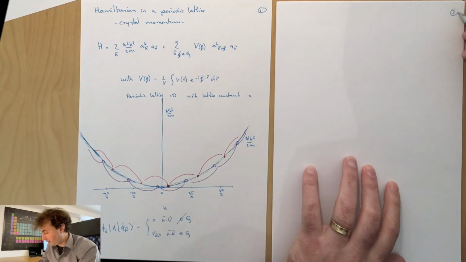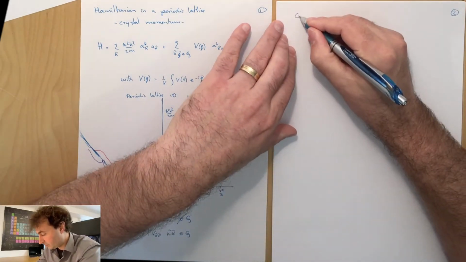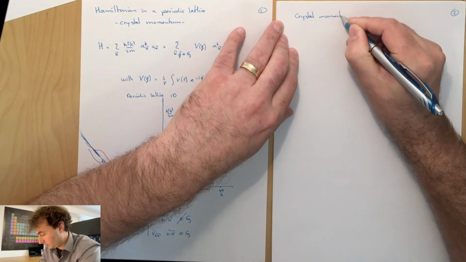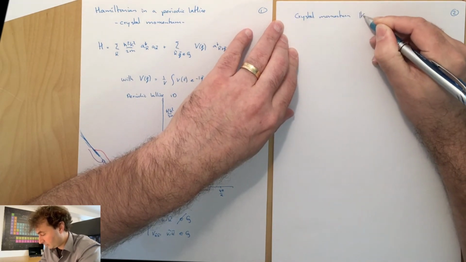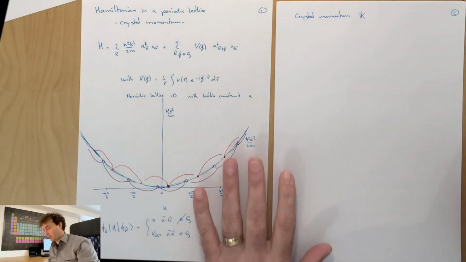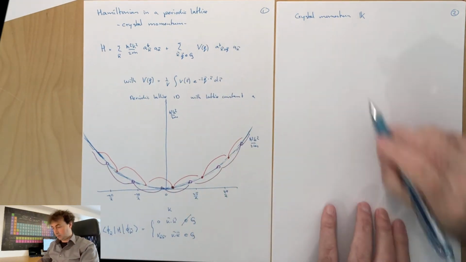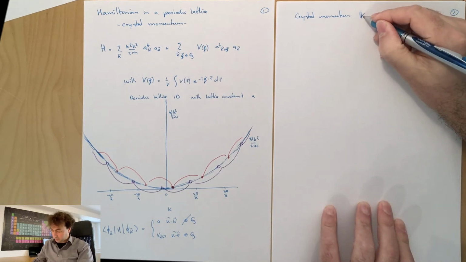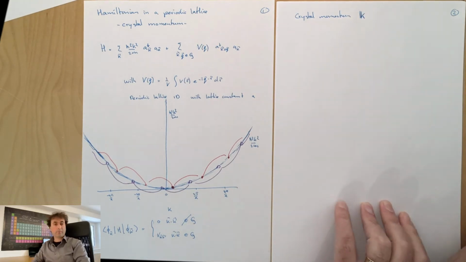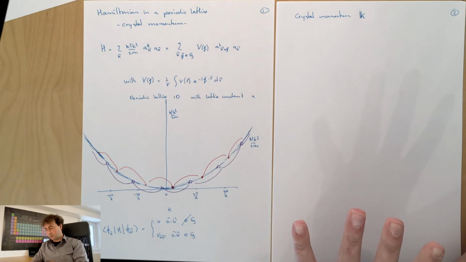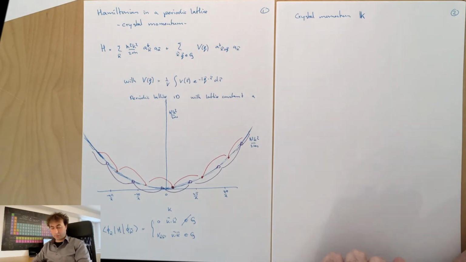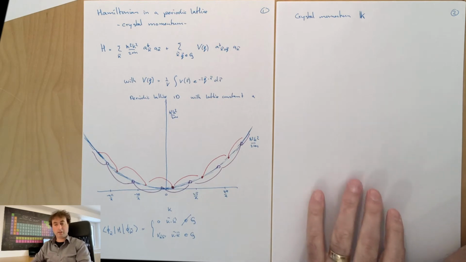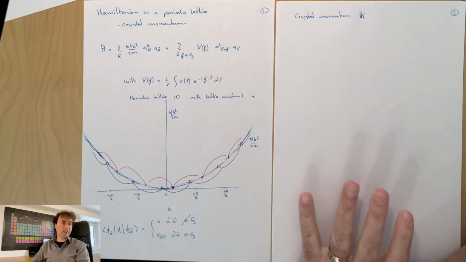Now we're going to define the crystal momentum. For that we'll use k with two lines in there, and many textbooks will use the same letter for crystal momentum and the normal momentum of an electron.